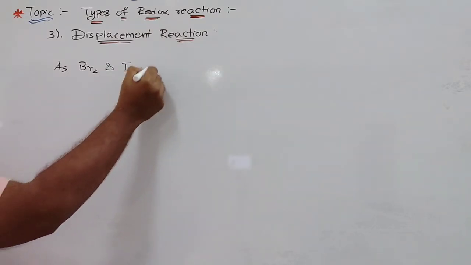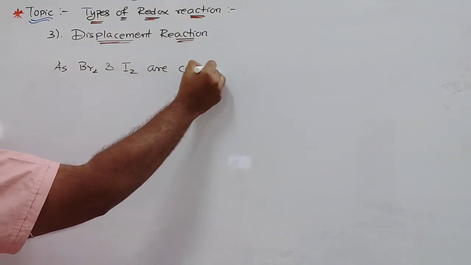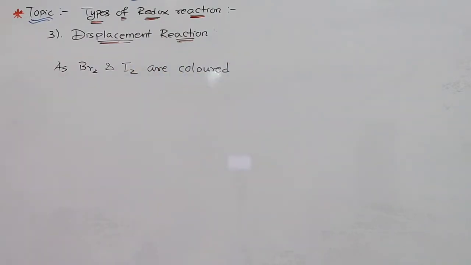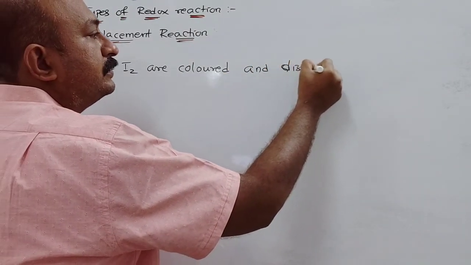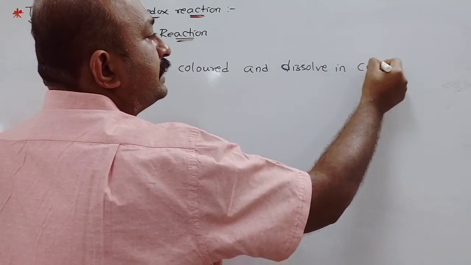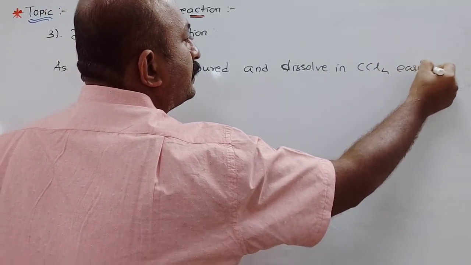So as Br2 and I2 are colored, they dissolve in CCl4 easily.